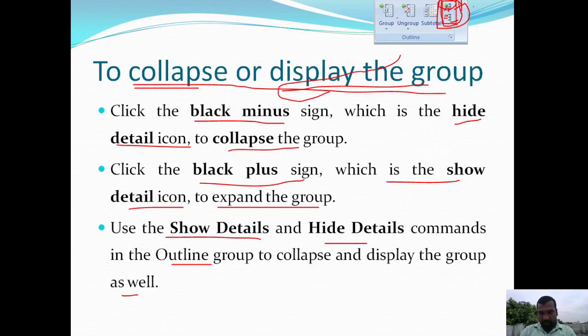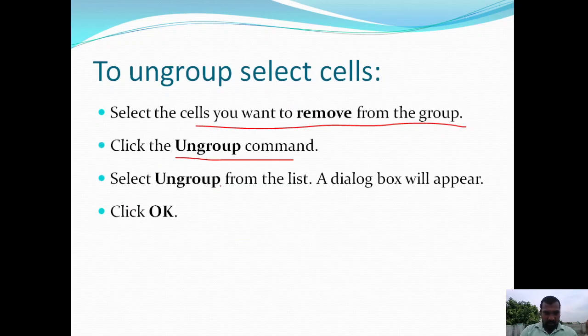Here is the ungroup command. Select the ungroup from the list. A dialog box will appear. Then click the OK button. So the ungroup command is available directly. Before that, you need to choose the row for which you want to perform the ungroup operation.